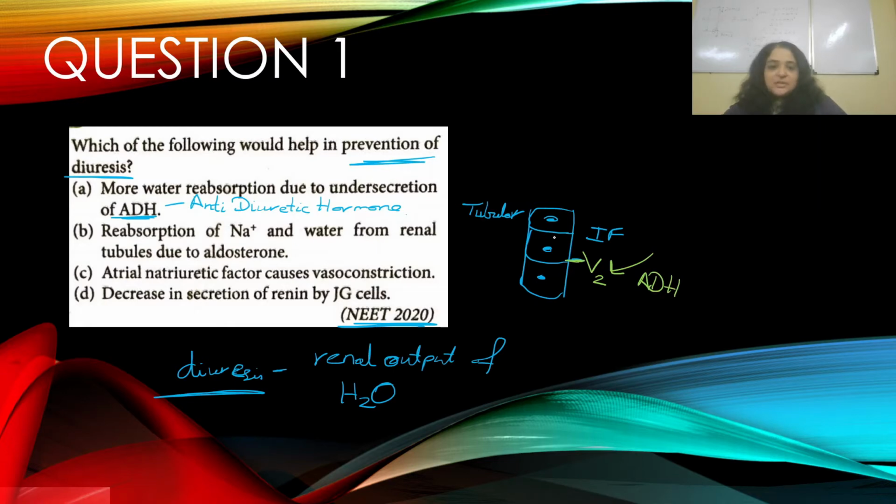A series of chemical reactions happen. cAMP gets activated, and then it activates protein kinases, which we will not go into in detail; these are cellular mechanisms. As a result, aquaporin channels are formed on the luminal side. They're called AQP2.